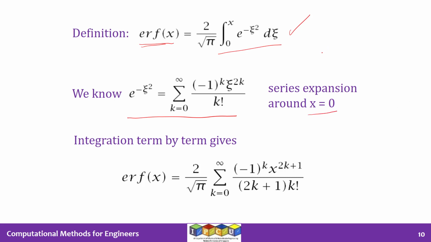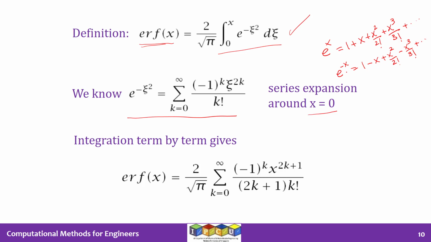For example, you can look at the expansion of e to the power of x around x is equal to 0 as 1 plus x plus x squared by 2 factorial plus x cubed by 3 factorial, etc. And if you're looking at e to the power of minus x, if you replace x by minus x in the expression above, you will get 1 minus x plus x squared by 2 factorial minus x cubed by 3 factorial plus and so on.